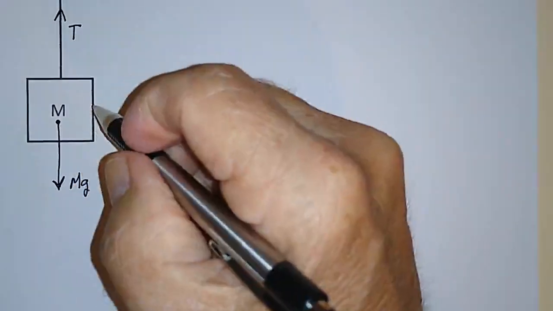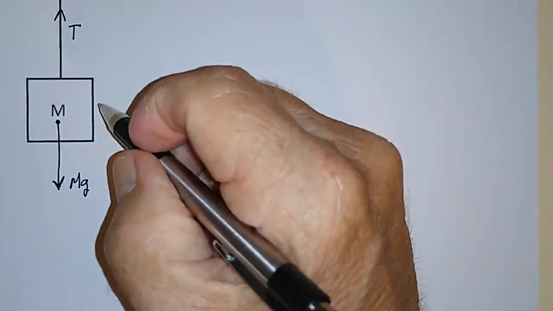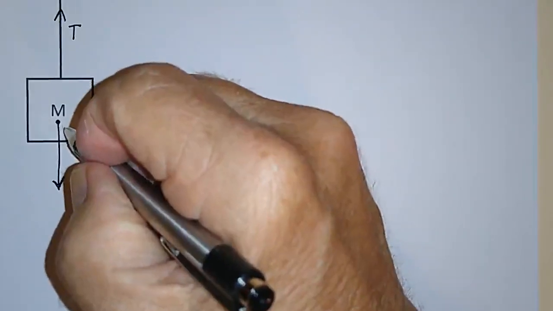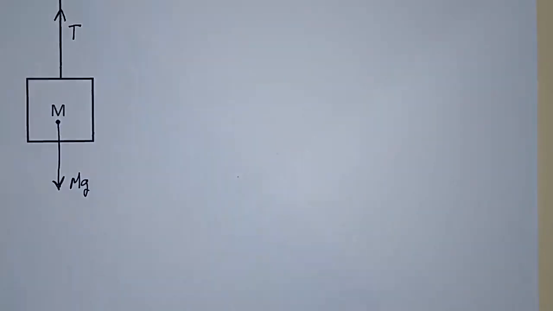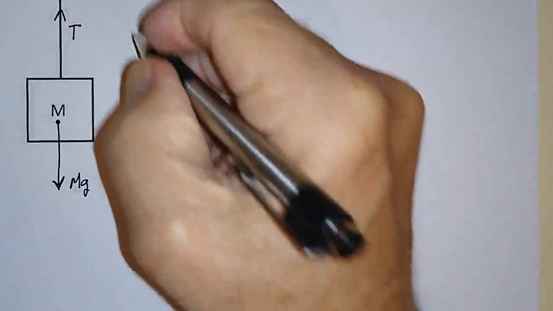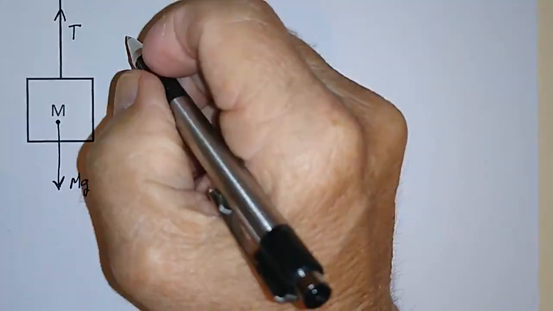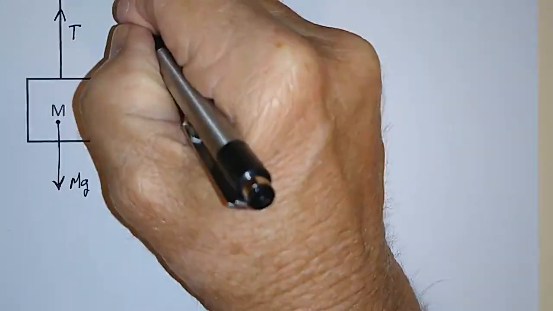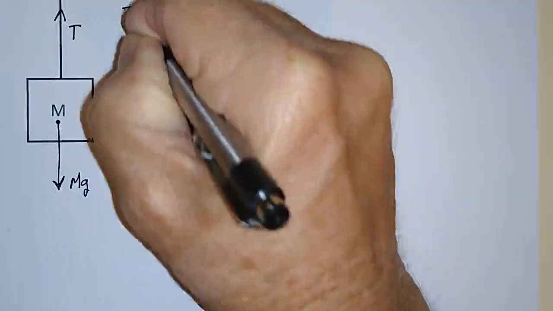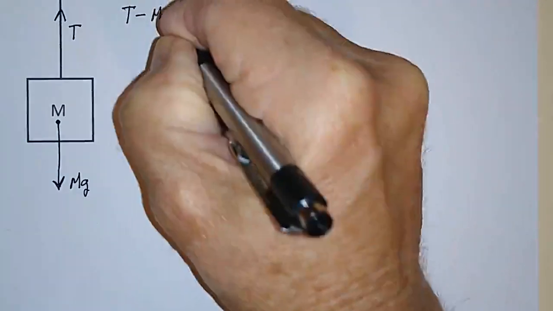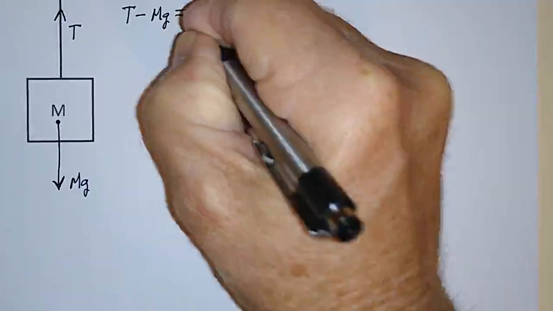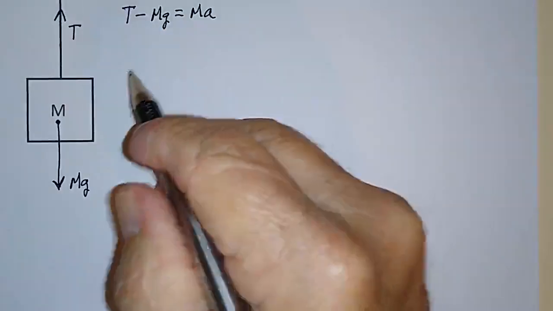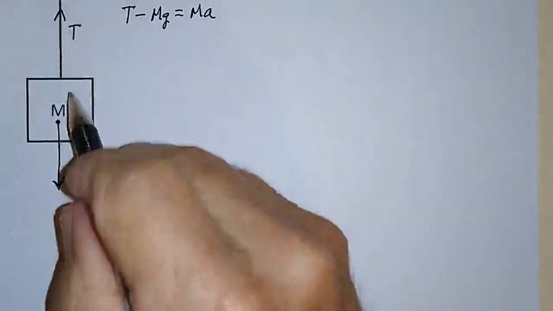Let's just assume for the purposes of discussion that T is bigger than mg so that the mass accelerates upward. Then we can write Newton's second law, F net equals ma, like this. The net force is T minus mg, and that has to be equal to m times a, where we're assuming that a is positive in this direction.